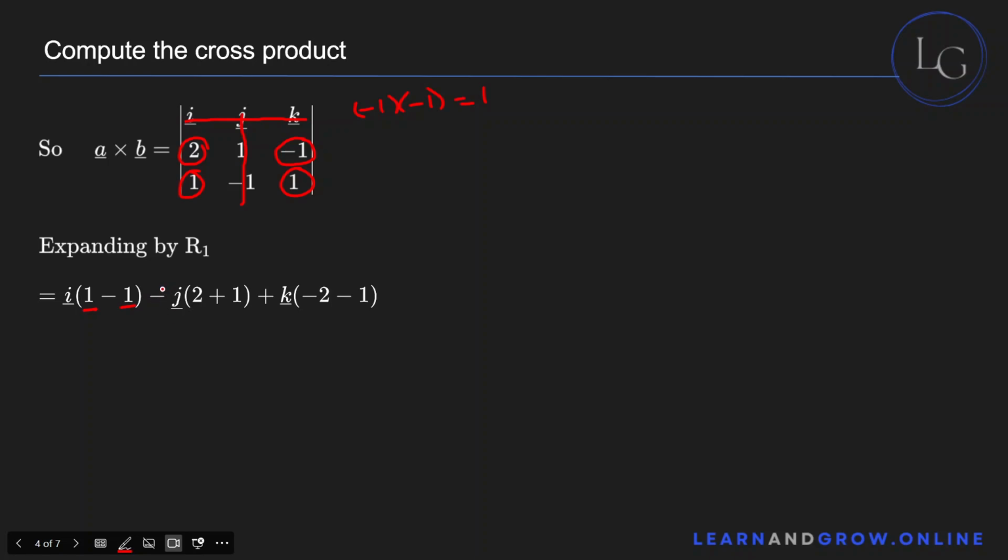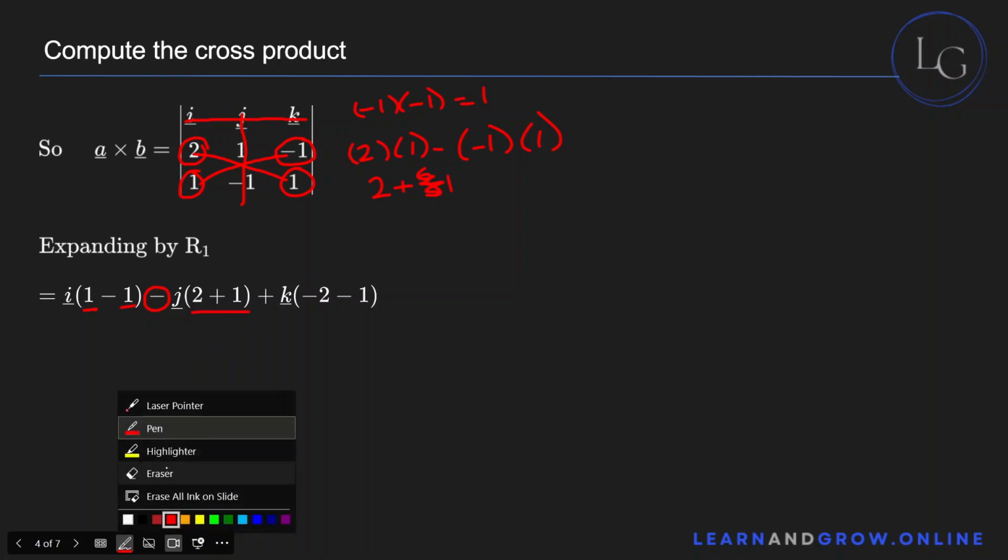The j term will have a negative sign because that's just convention, and it will be multiplied with the same rule. So 2 into 1 minus negative 1 into 1, which gives you 2 plus 1. And that's exactly what you've done here.